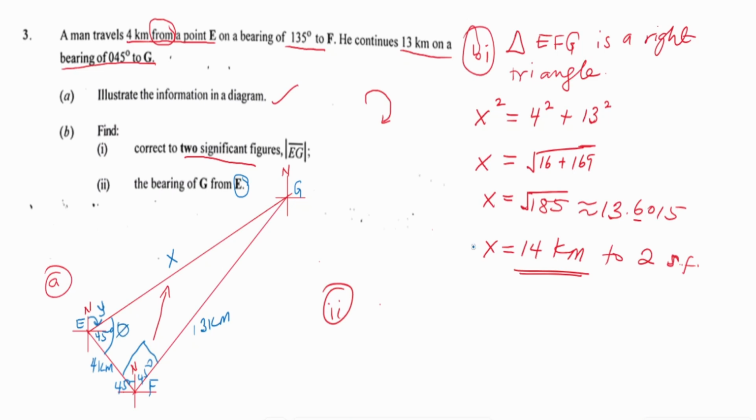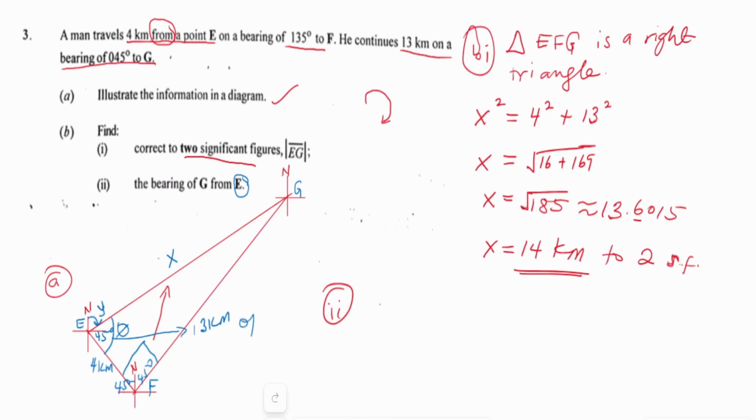Since this is a right triangle, we'll use the trig ratios to solve for theta. Since this side and this side have been given in the question, I would like to use them. The 13 is opposite theta and the 4 kilometers is adjacent. So I'm going to use tan out of SOHCAHTOA, right? Good.